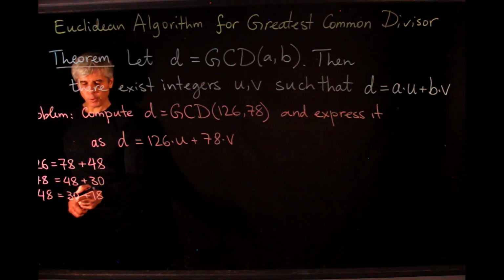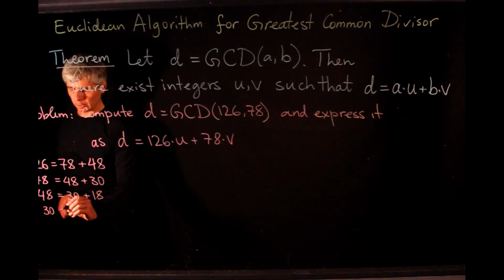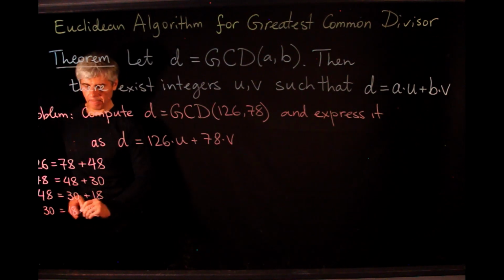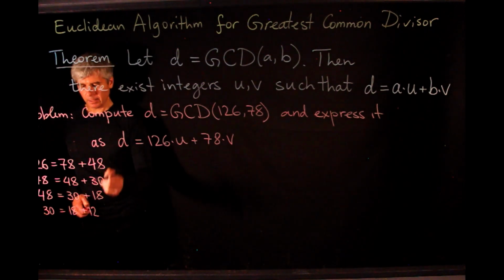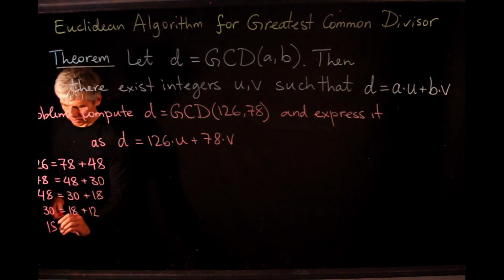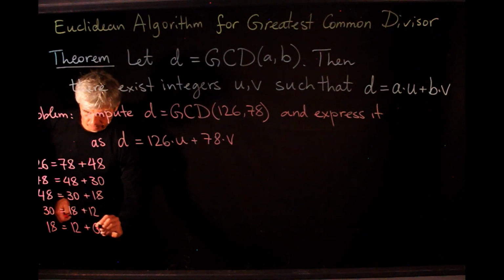Next, we divide 30 by 18 with the remainder. So we have 30 is 18 plus 12. And then we divide 18 by 12 with the remainder. So we have 18 is 12 plus 6.